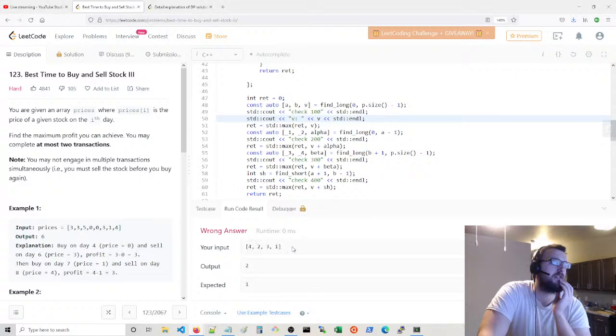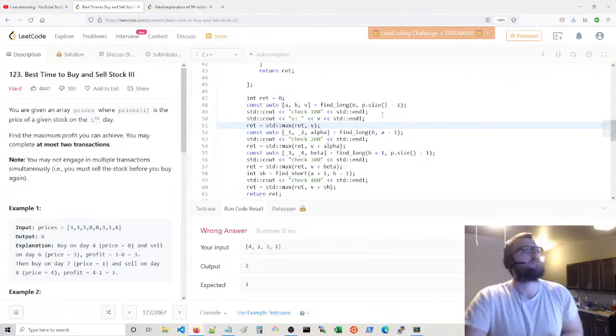You could also modify, you could take your long and add 2 shorts. No, that doesn't work. Oh, wait. It's only supposed to be 1. Hold on.